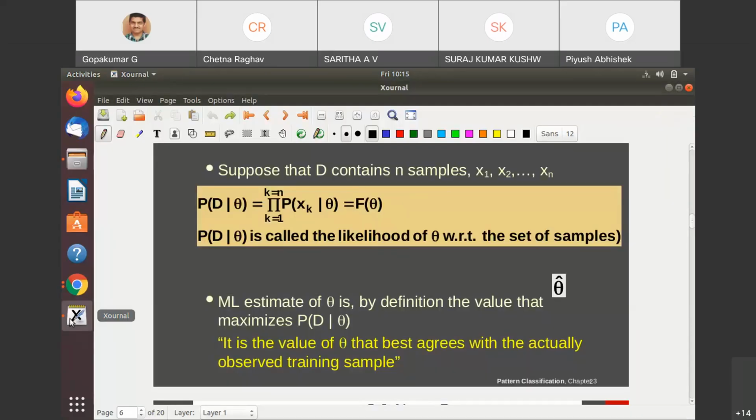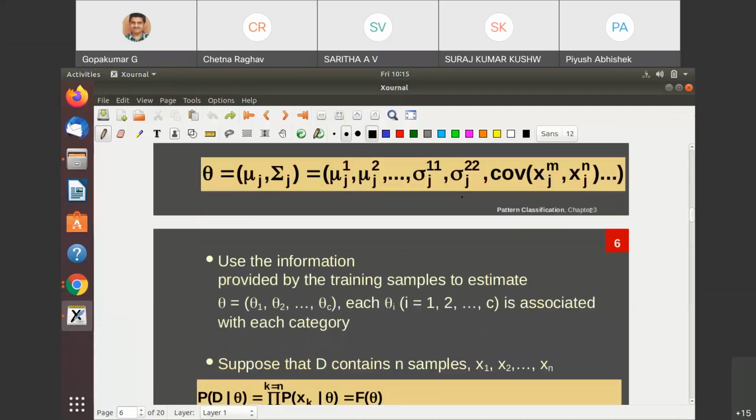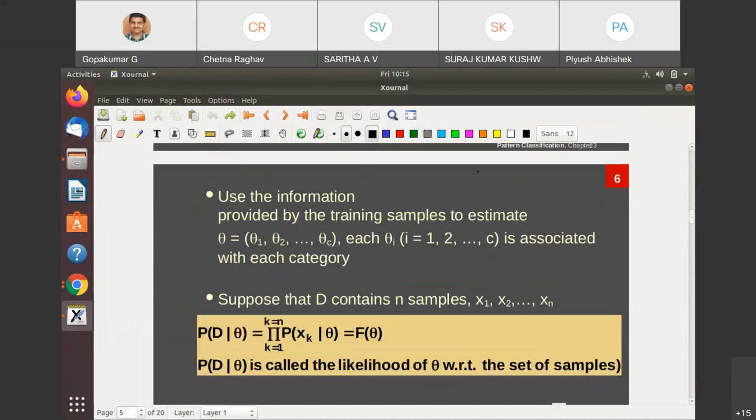Okay, so yesterday we were discussing maximum likelihood estimation. We have seen that we have to find the parameter vector theta which maximizes the likelihood that that particular theta generated the given data set D. So that is our aim.